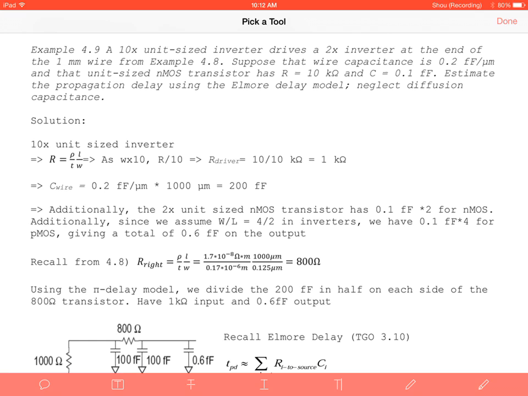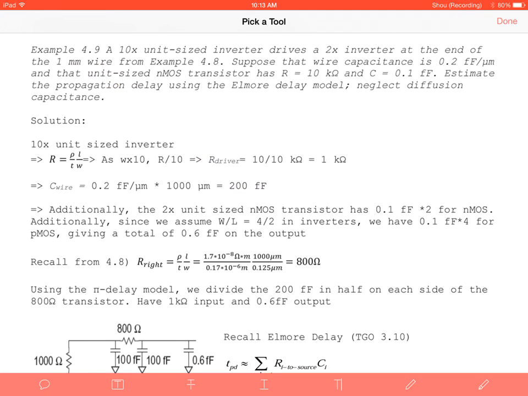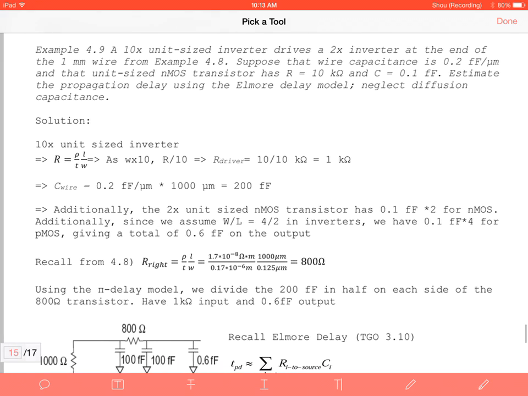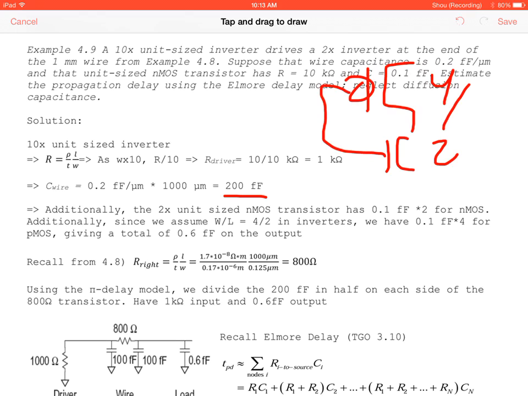capacitance of the wire. Here we have the wire capacitance of 0.2 femtofarads per micrometer, and we know the length is a 1 millimeter wire. So we just multiply 0.2 femtofarads per micrometer times 1,000 micrometers, because that's the same thing as 1 millimeter, and that becomes 200 femtofarads. Now, if you recall, drawing our inverter, remember it's 4:2, which we assume to be our width-length ratio for inverters.